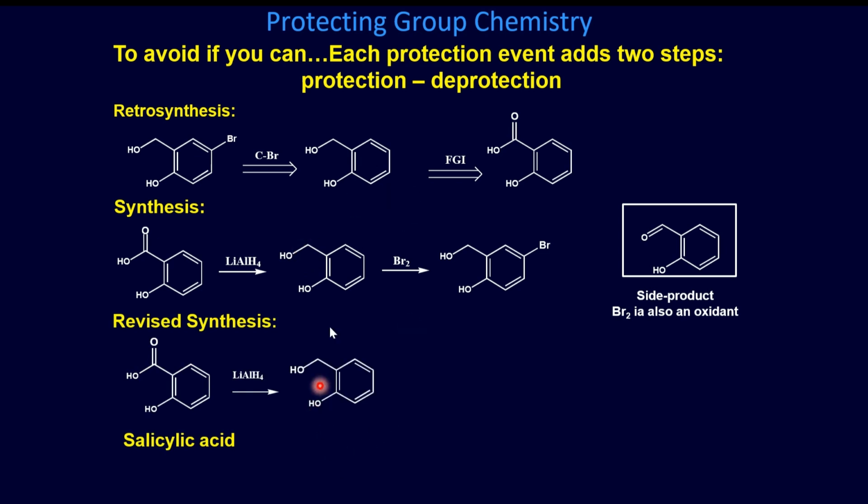I'll get salicyl alcohol, similar to the first step, and I'll protect these two OH groups by treating with acetone in the presence of paratoluene sulfonic acid, which is a dehydrating agent. The acetone reacts with these two OH groups and blocks them to give the isopropylidene derivative. This is no longer OH, it is in the ether form and becomes unreactive.